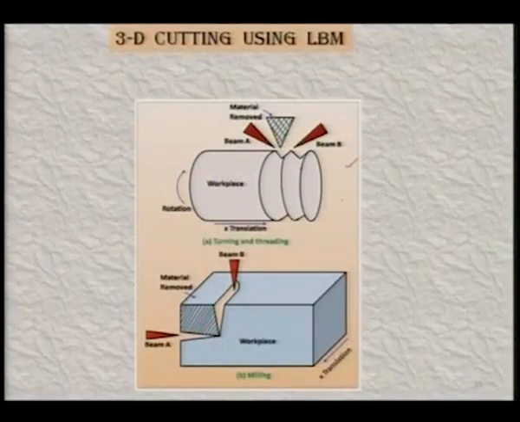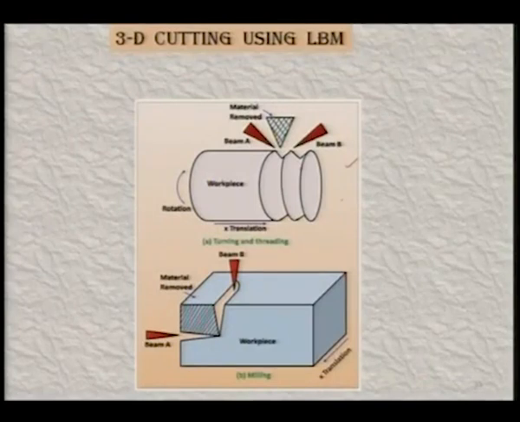Now, normally what we have seen so far is that laser beam machining is utilized for 2D cutting or at the most 2.5D cutting, but with certain modifications in the laser beam machining system, you can use it for real 3D cutting, as shown in this figure.